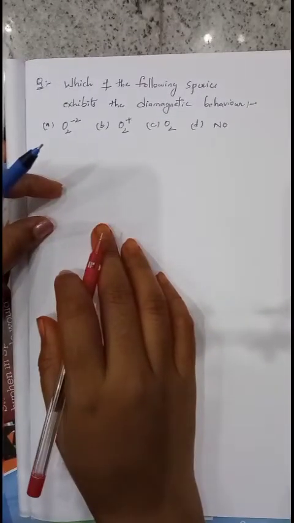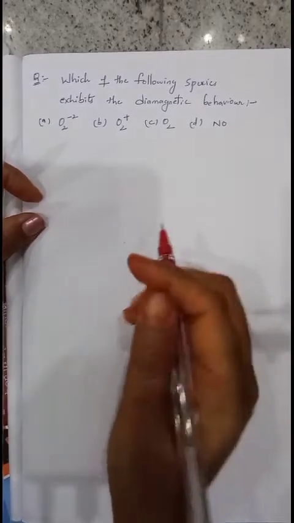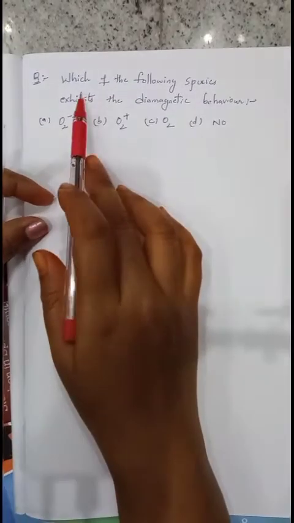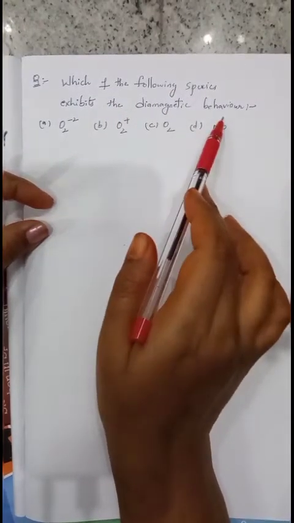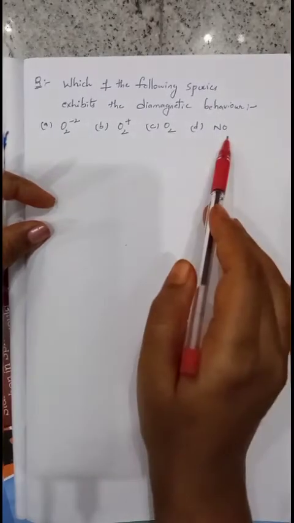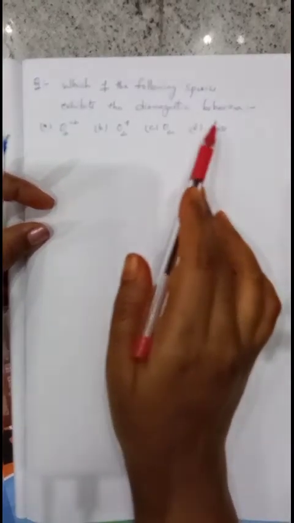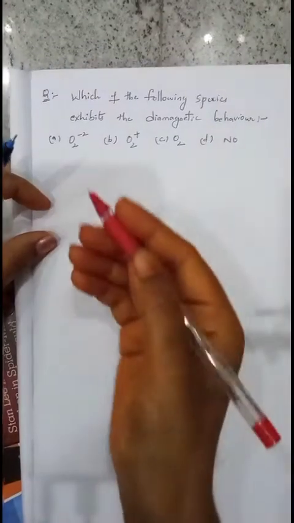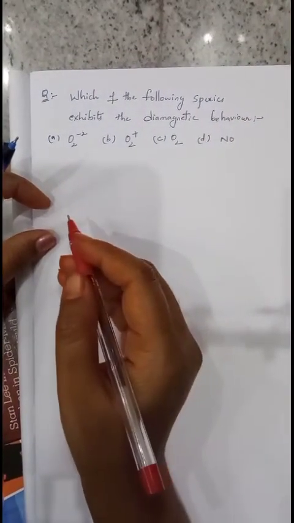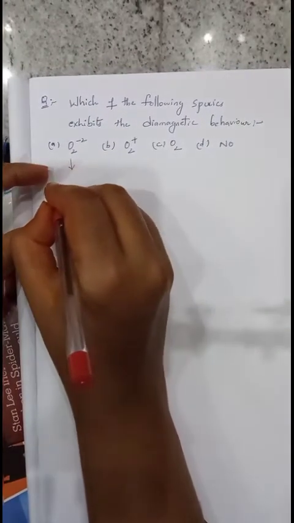So here is a question which was asked in a previous year IIT exam. The question is, which of the following species exhibits diamagnetic behavior? Here they have given 4 options. Among the 4 options, which can show diamagnetic behavior, that we have to find out. So try to write the total number of electrons. For this molecule, 2 oxygen atoms are there.